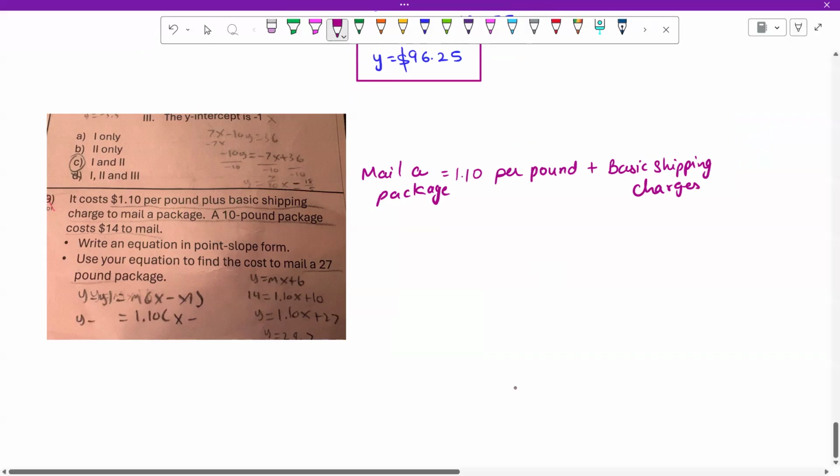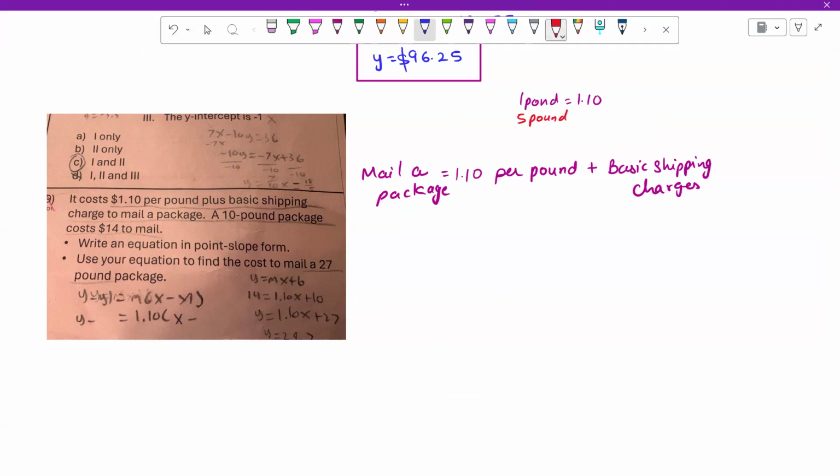Next thing it says, a 10-pound package costs $14 to mail. 10-pound package. See, for 1 pound, the cost is $1.10. For 5 pounds, what will we do? Not the answer, but what will we do? 1.10 times 5.